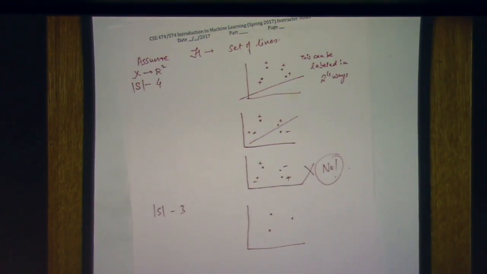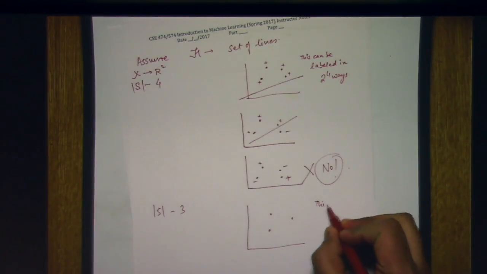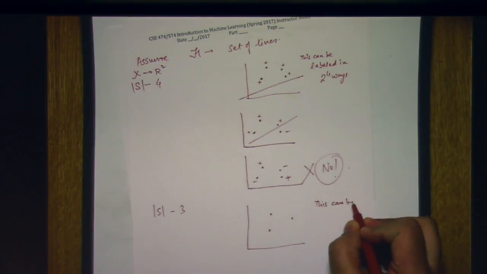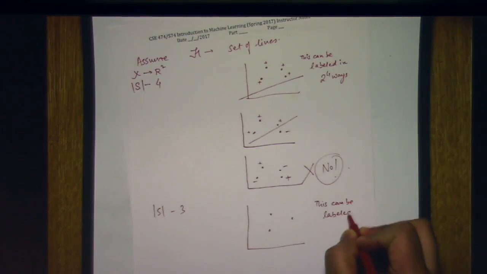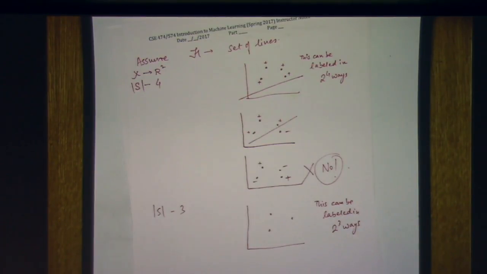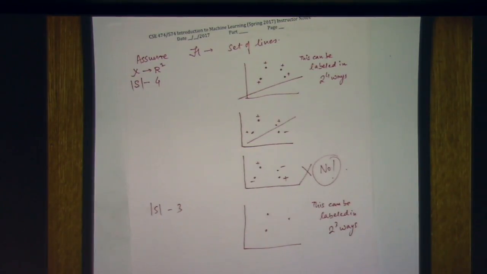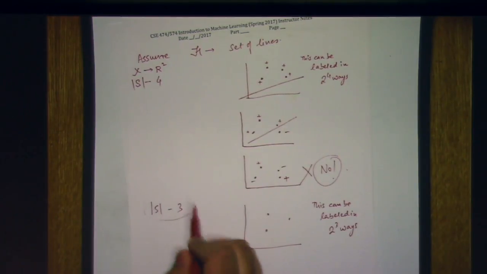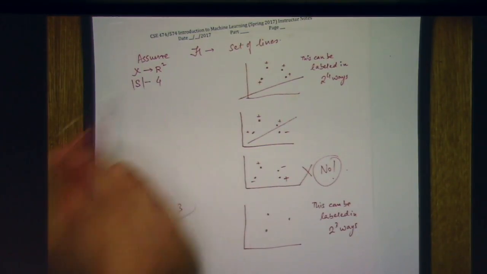However you color this sample, it can be labeled in 2 power 3 ways. If you go home and try it out, however you label it, you will always be able to draw a line. So it seems like 3 is okay, but 4 is not.